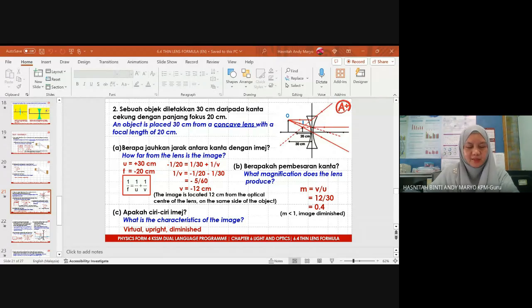So the formula is 1 over F equals 1 over U plus 1 over V. You just do the substitution.